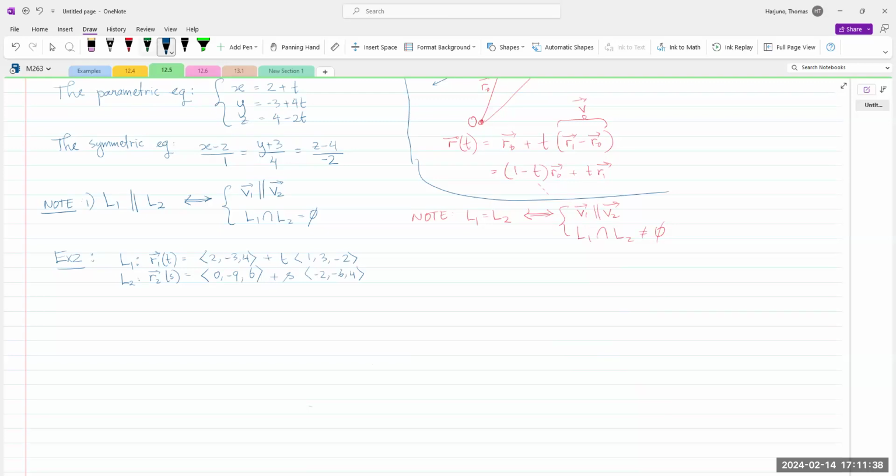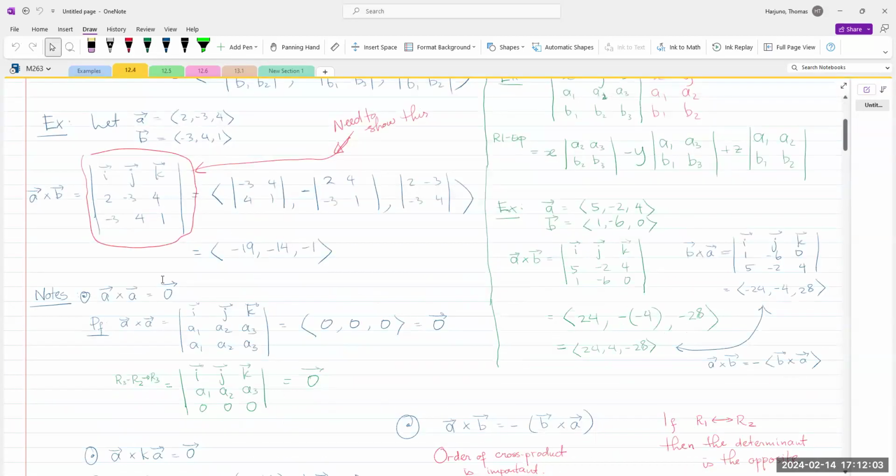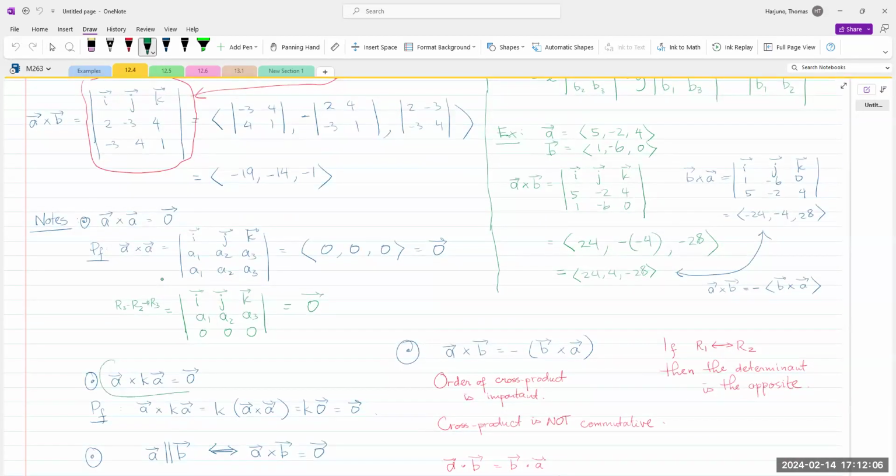Let me go back to this example then. How do we show that two vectors are parallel? Two vectors are parallel if the cross product gives us the zero vector. But we have seen in the past, from our notes, that two vectors are parallel means one vector is a multiple of the other.